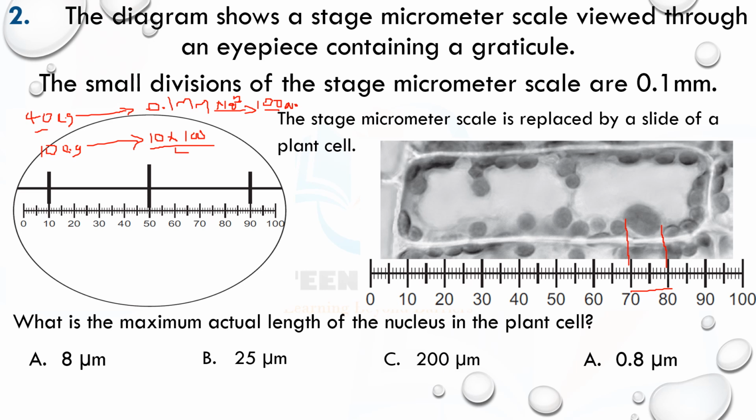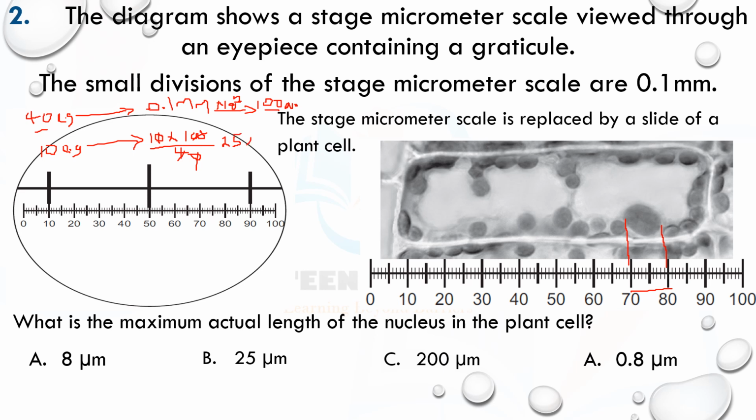Very important: 10 times 100 all over 40. Okay, so this cancels this, and of course 4 divides 100 to give you 25. So the real size of that nucleus is 25 micrometers.